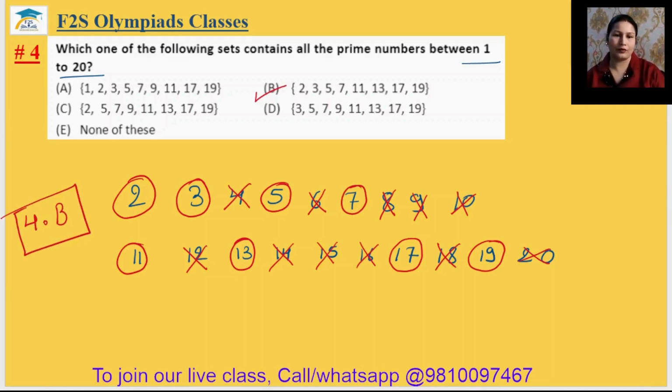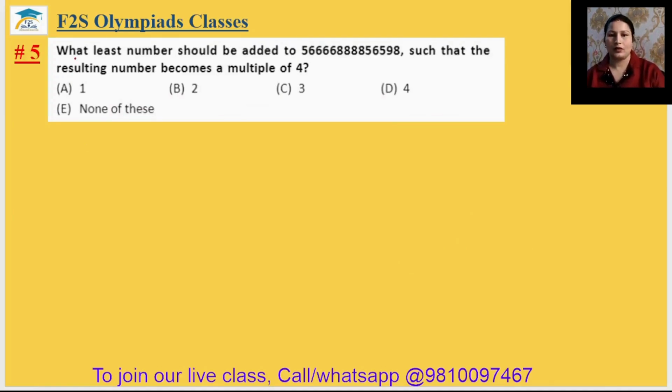Come to question number 5. What least number should be added to this number such that the resulting number becomes a multiple of 4? Using the divisibility rule of 4, if the last two digits are divisible by 4, then the whole number will be divisible by 4.